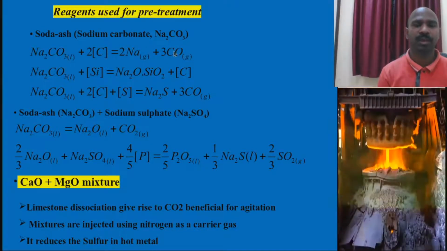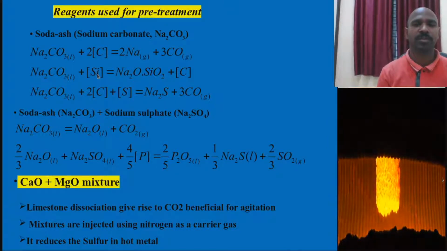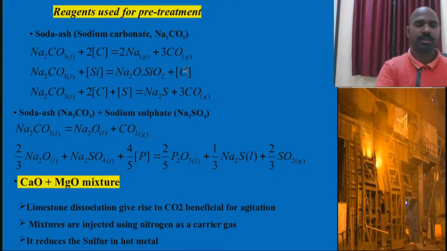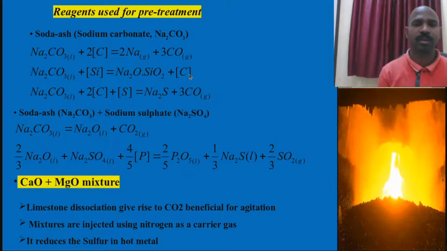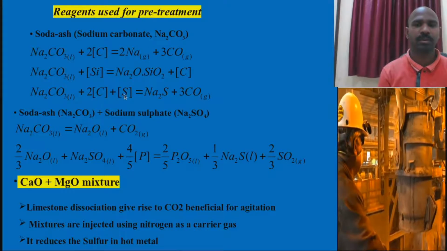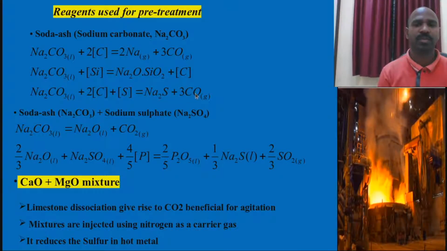It means carbon is reduced. Similarly, it reacts with silicon in liquid pig iron, giving Na2O and SiO2 as slag compounds, while carbon remains in the liquid iron. This combination with carbon and sulfur removes sulfur and also reduces the carbon.